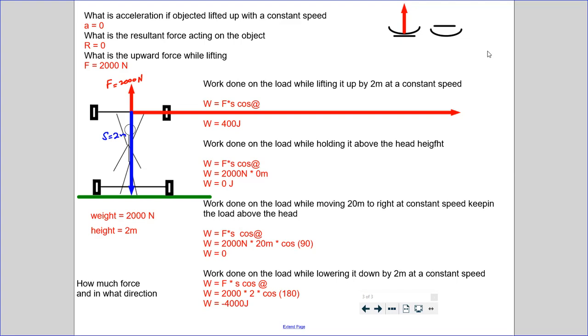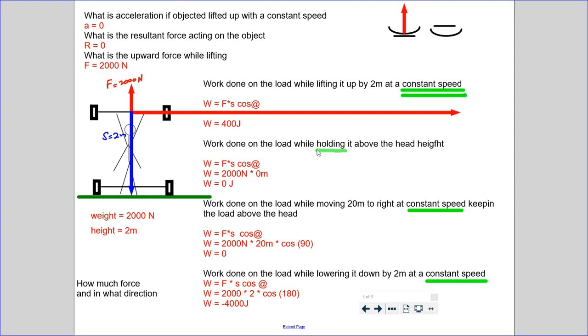I intentionally kept something clearly written: constant speed. So if the speed is constant, will there be any change in kinetic energy? No. So that's why we have written it, to make my other problem easier.